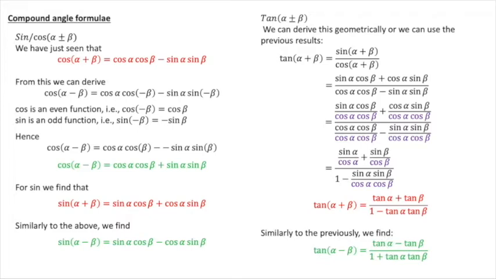And just for completeness, if we do a similar job to the previous one, replacing beta by minus beta, we end up with tan of alpha minus beta is equal to tan alpha minus tan beta over 1 plus tan alpha tan beta. And that's because tan is an odd function, so that's how that works.